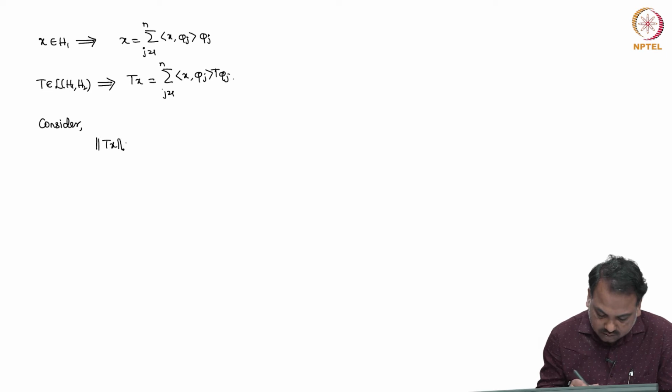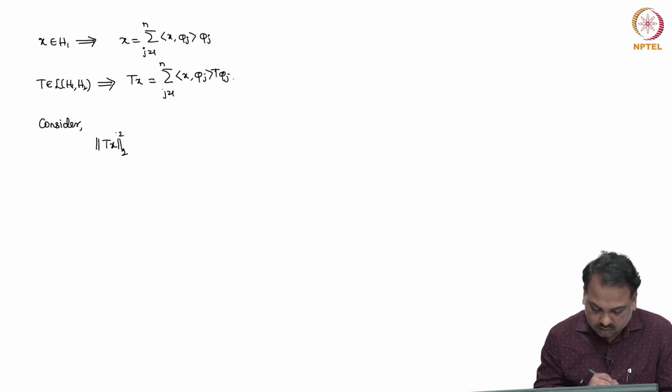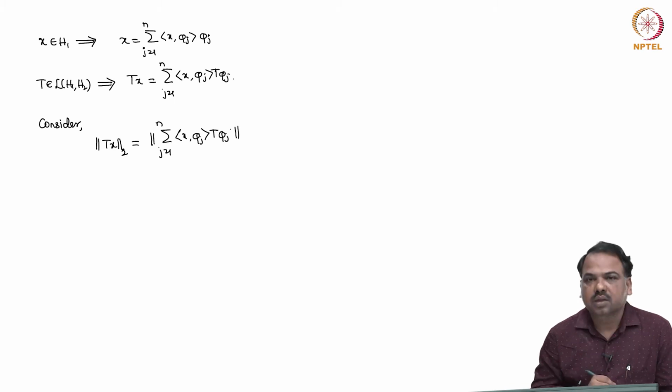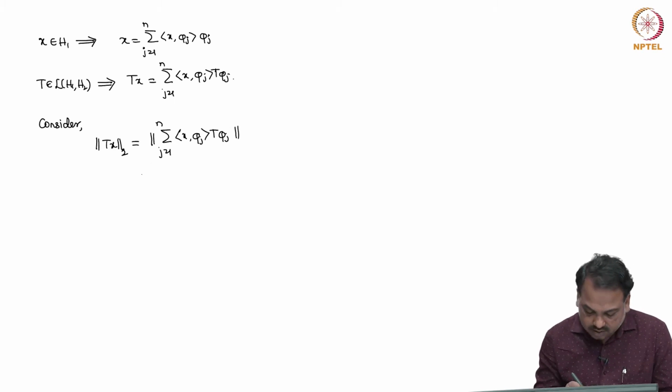This is the norm of the summation j equal to 1 to n of inner product x phi j times T phi j. Now we can apply the triangle inequality: summation j equal to 1 to n, modulus of inner product x with phi j, times norm T phi j.